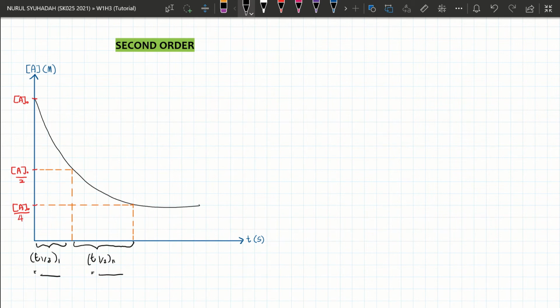From here, you can see that the first half-life is actually smaller than the second half-life.